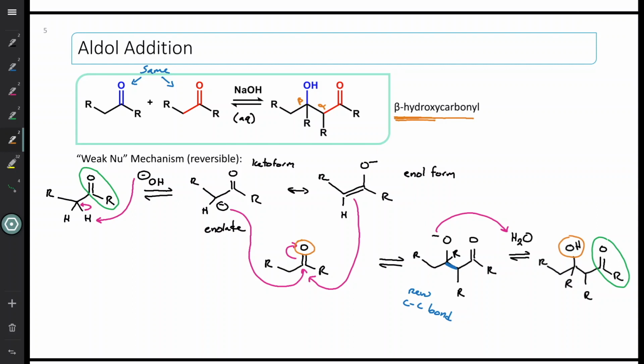So I recommend always drawing your beta hydroxy product in the same order. Put your nucleophile group that hasn't changed here, and then always alpha, beta, alcohol. Always draw it in the same way, and that will help you always draw the right structure for the beta hydroxy.